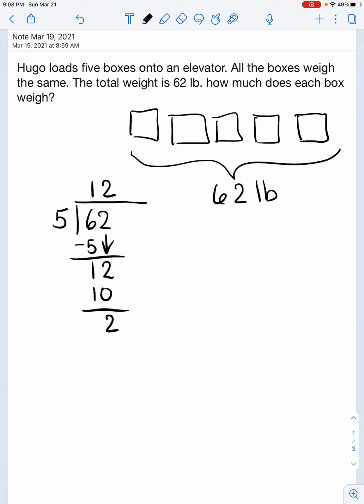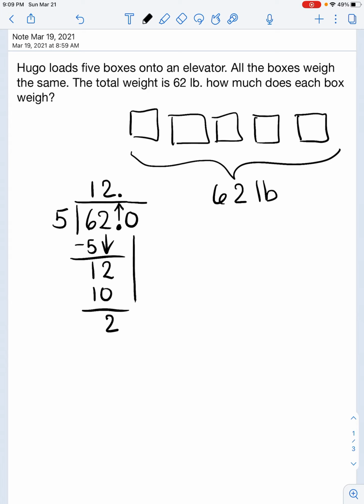and here's how. I'm going to change 62 into 62.0, okay, which is no difference. If I have 62, that would be the same as 62 and no tenths. Now, once I do that, I have to line my decimal point up in my quotient, because for every operation with decimals other than multiplication, it's very important to line up our decimal point.